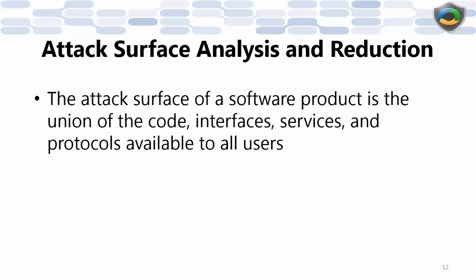So let's talk a little bit about ASA and ASR. As mentioned here, the attack surface of a software product is the union of basically everything: the code, the interfaces, the services, and the protocols that are available to users.